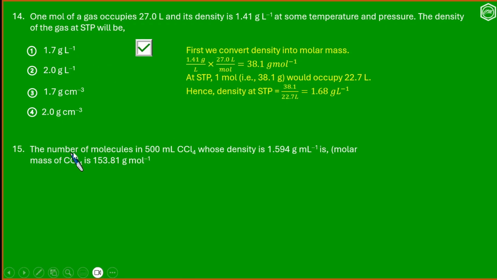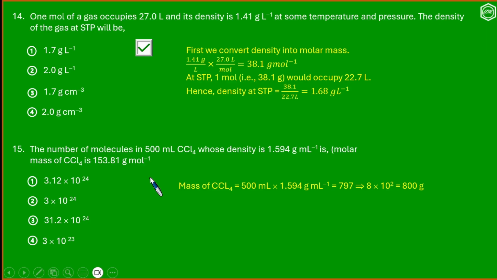Question 15. The number of molecules in 500 ml carbon tetrachloride whose density is 1.59 gram per ml is, molar mass is given, molar mass of CCl4 is 153.81 gram per mole. Option 1, option 2, option 3 and option 4.